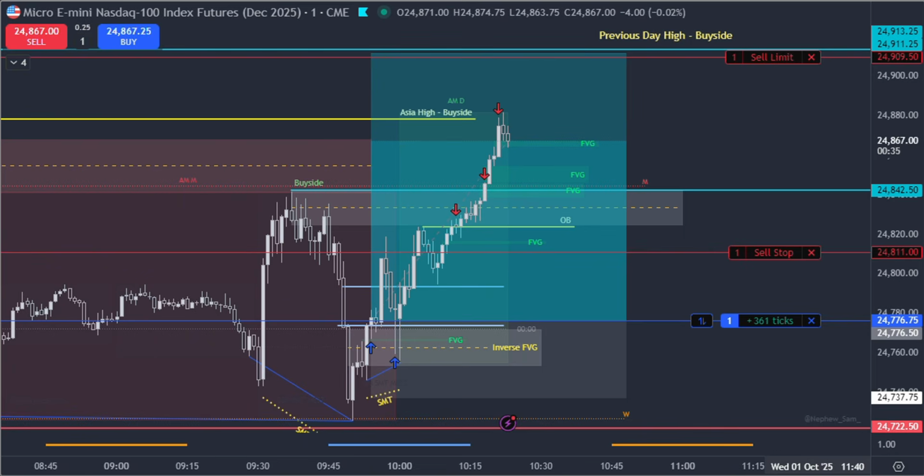But there's a lot of layers to this cake, okay? And all of these things have to line up in order to execute. You just don't see, oh, it's an order block and then you enter. Oh, it's a fair value gap and I'm going to enter. You have to understand.